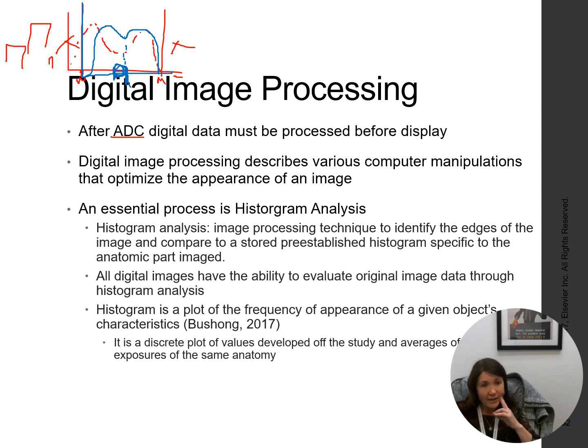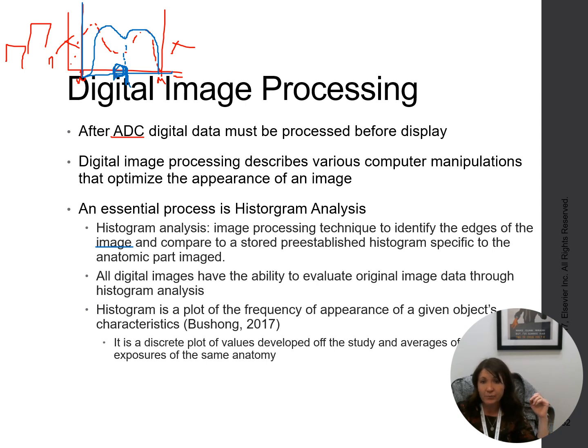In that process of overlapping the lookup table and then shifting the raw data to match the lookup table histogram, that process is called rescaling. So the histogram analysis, the image processing, identifies the edges of the image. That's your field of view evaluation.